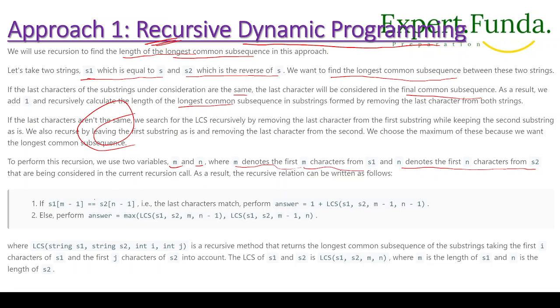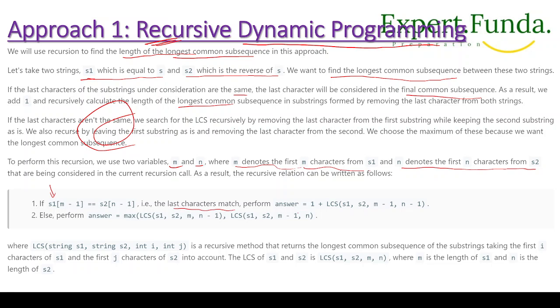See, the recursive relation becomes: if s1 at index m minus 1, meaning the last character, equals s2 at index n minus 1, the last characters of both strings are the same, they are matching.